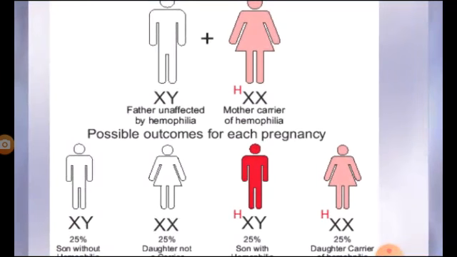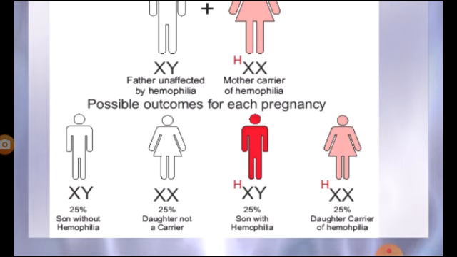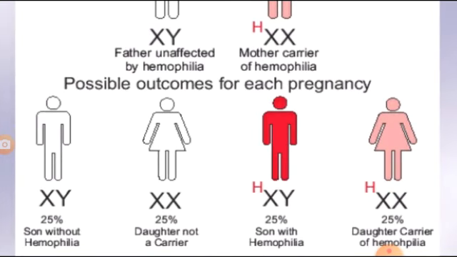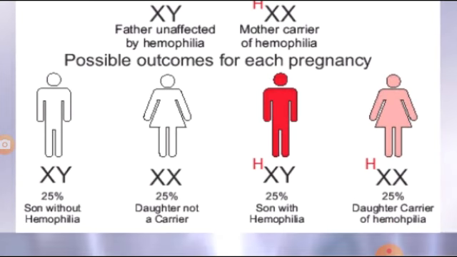If you look at the second case, what is happening? If the father is unaffected by hemophilia, it means he is normal. When the normal man marries a carrier female, the chances of a normal son and daughter are 25% each. 25% son without hemophilia, 25% daughter not a carrier of the disease.